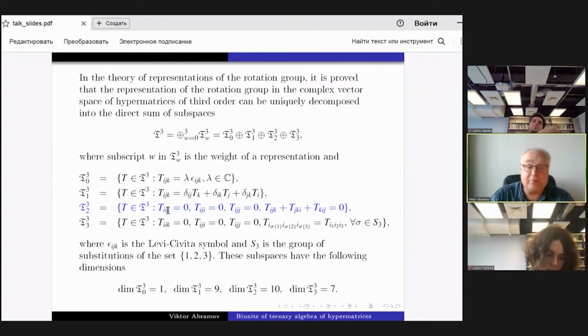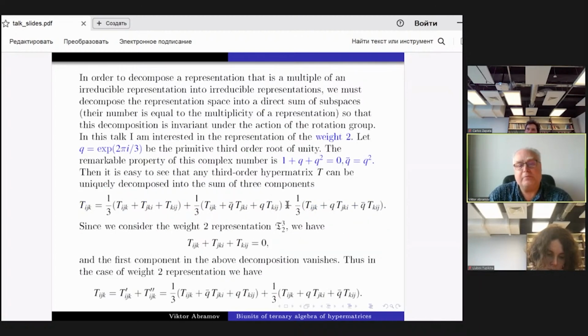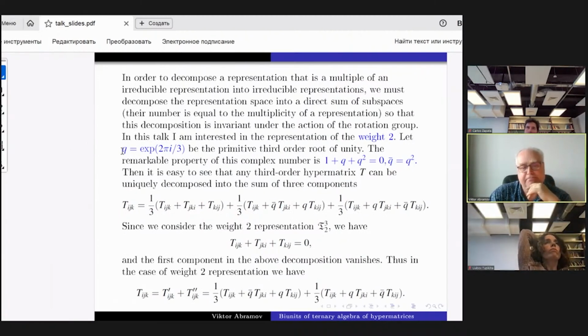But I think the most natural one is that we solve this equation, and here we use a primitive third-order root of unity. Now, Richard denoted this third-order root of unity by J. I denoted it by Q here. So you should keep in mind that in Richard's talk, this was denoted by J, but I used to denote it by Q.